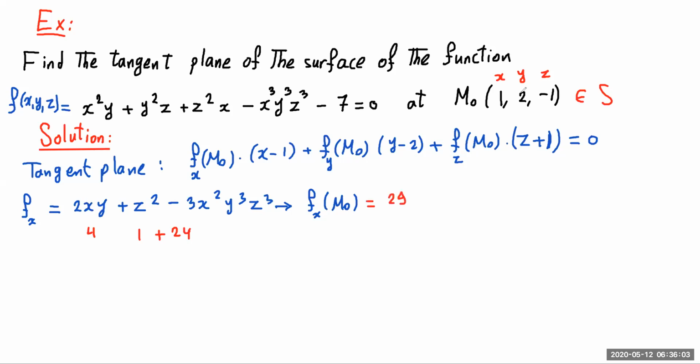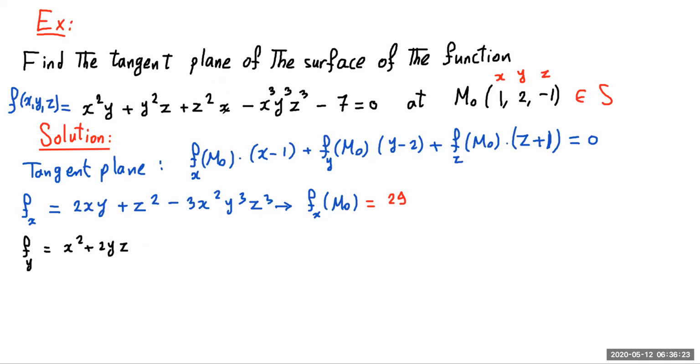Okay. Let's calculate now the partial derivative of f with respect to y. So it's x^2 plus 2yz.